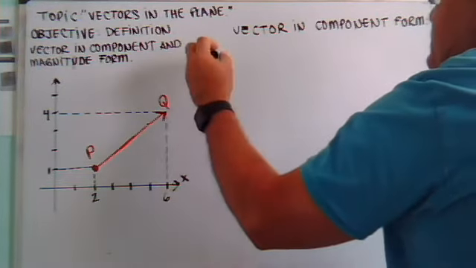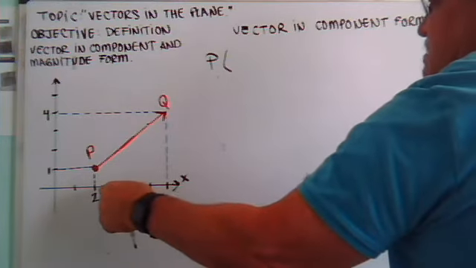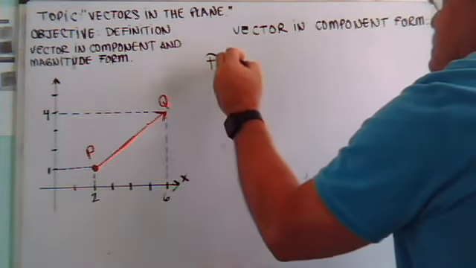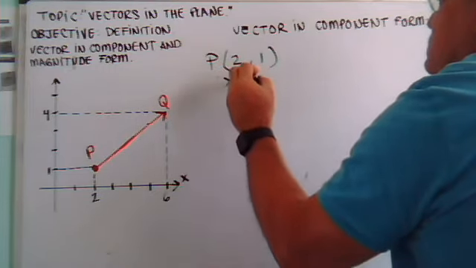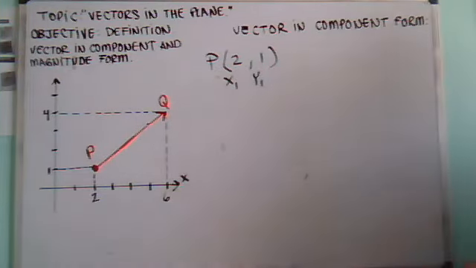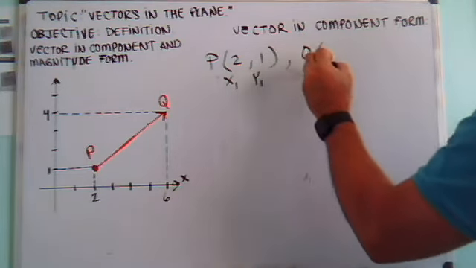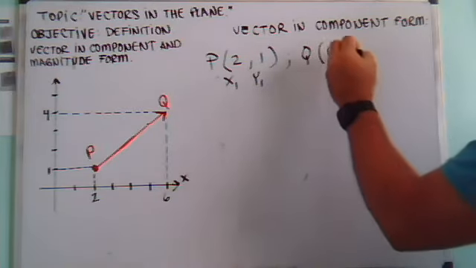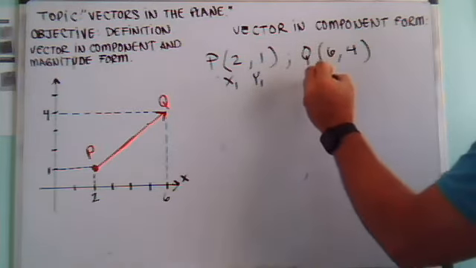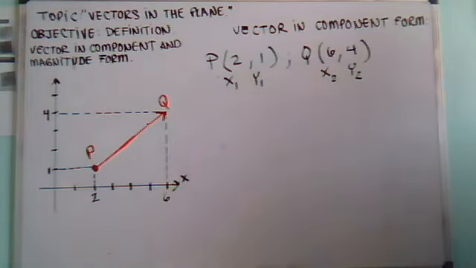In this example, the initial point P is at (2, 1), so x sub 1 is 2, y sub 1 is 1, and the point Q is located at (6, 4). This is x sub 2, y sub 2.